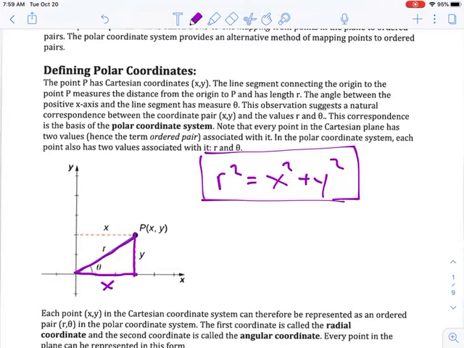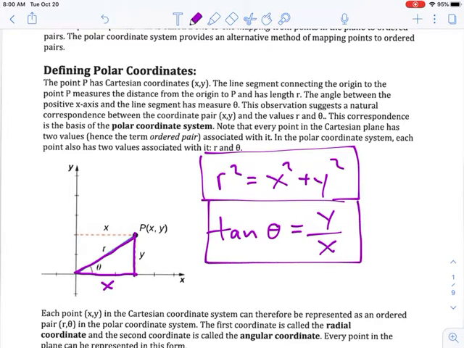Well, another thing that we want to do is, what about theta? Theta is the angle of this right triangle, and we know that the tangent of theta would be equal to the y value divided by the x value. That is the opposite side divided by the adjacent side. That's just a basic right triangle trigonometry identity.